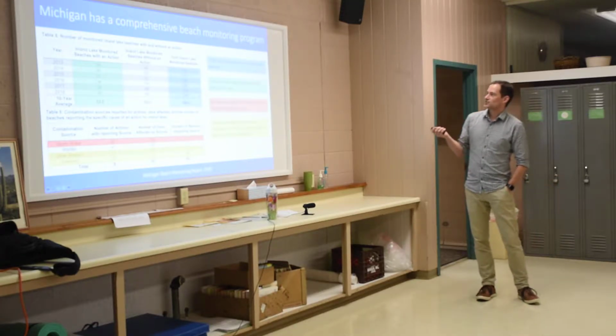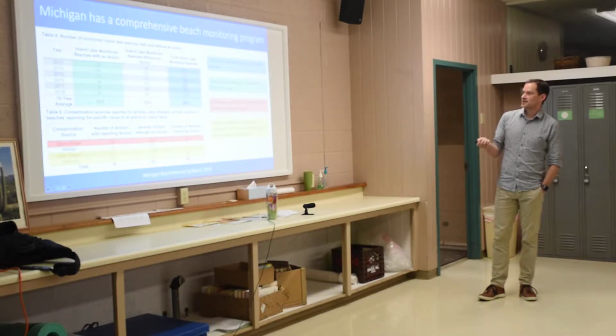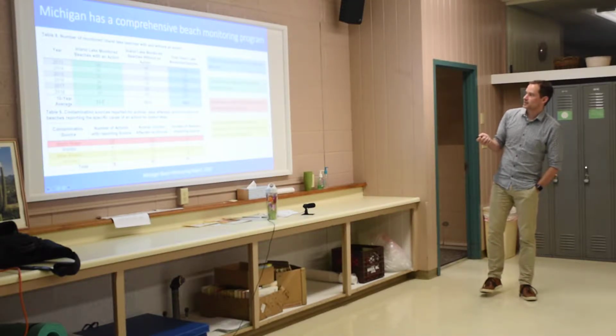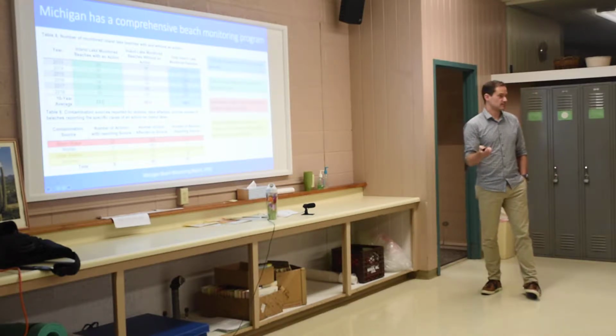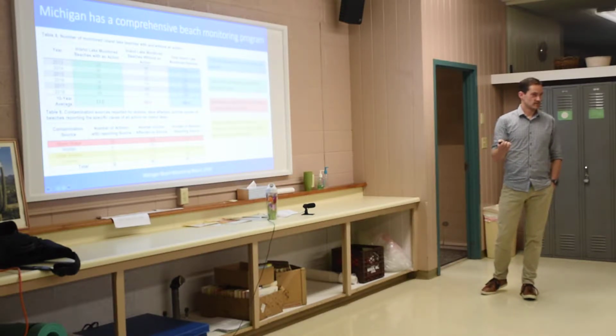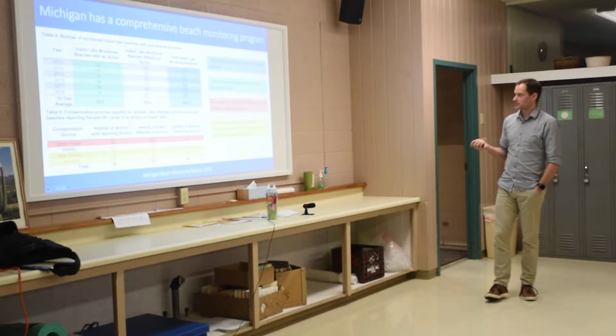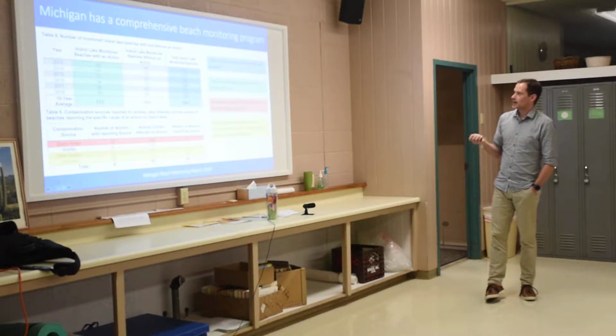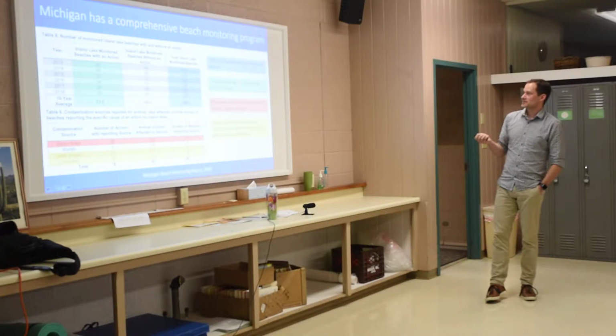What's kind of cool though, I just summarized this data set over here. These are the inland lake data sets for 2018, and you can see it goes back a couple of years just to give you some comparison. There are around 200 inland lake beaches that are monitored annually, so if you consider that you have 11,000 lakes, that's a pretty small number of beaches comparatively. About 20% of those inland lake beaches have an action every year.